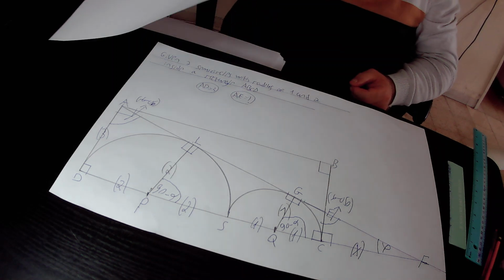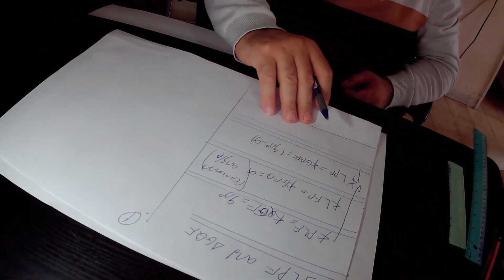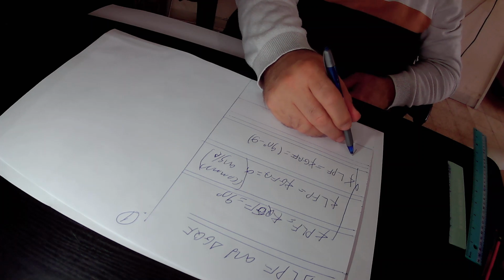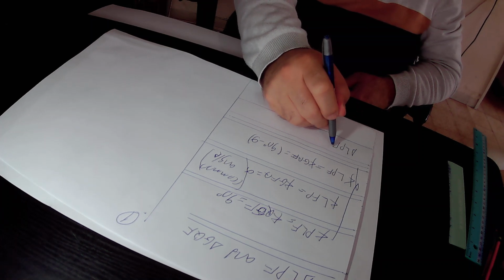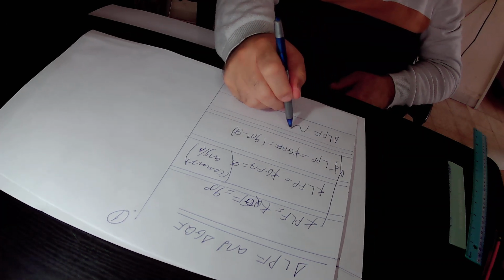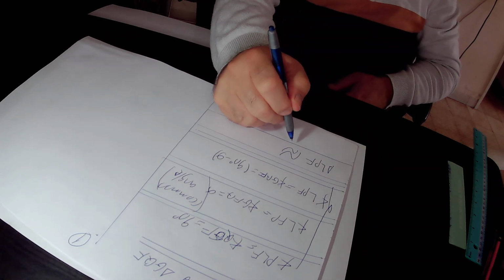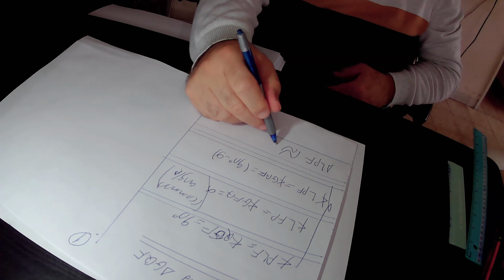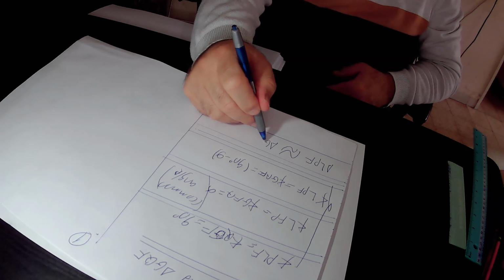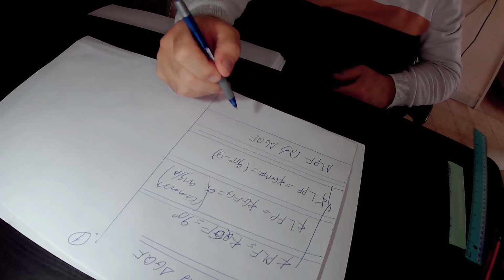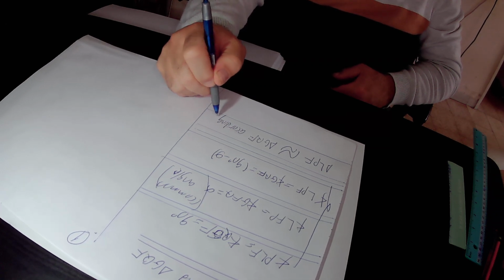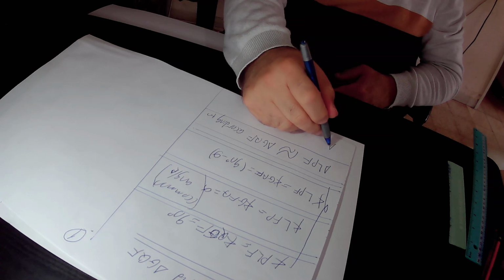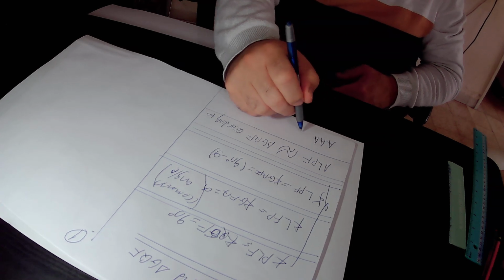We found out that the big right triangle LPF is similar, this is the sign of similar, to the small right triangle GQF according to the angle similarity rule.